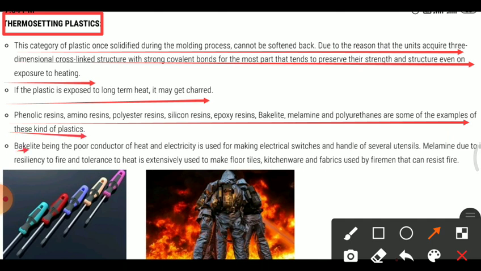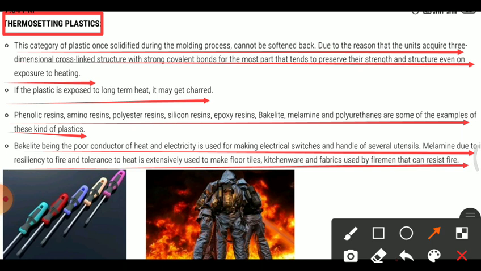Bakelite, being a poor conductor of heat and electricity, is used for making electrical switches and handles for several utensils. Melamine, due to its resilience to fire and tolerance to heat, is extensively used to make floor tiles, kitchenware, and fabrics used by firemen that can resist fire.